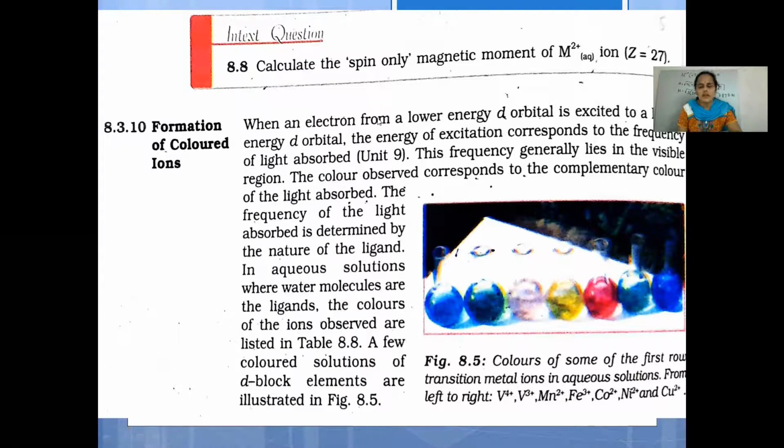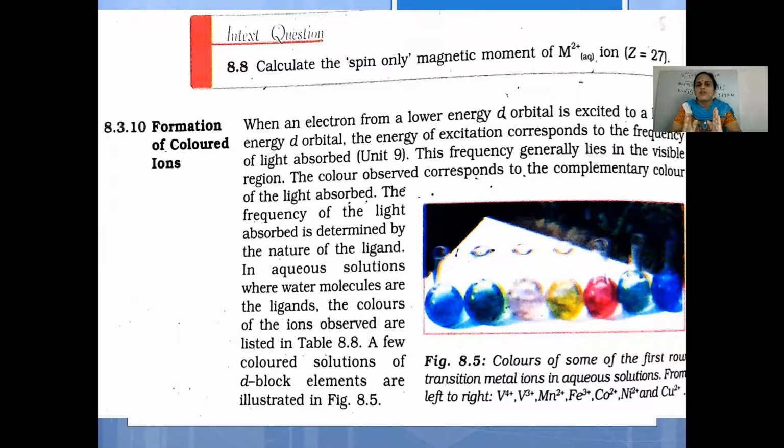Then formation of colored ions. So when an electron from a lower energy d orbital is excited to a higher energy d orbital, the energy of excitation corresponds to the frequency of light absorbed, and this frequency generally lies in the visible region.